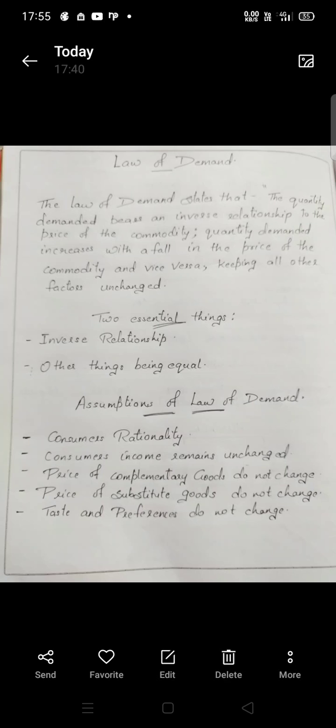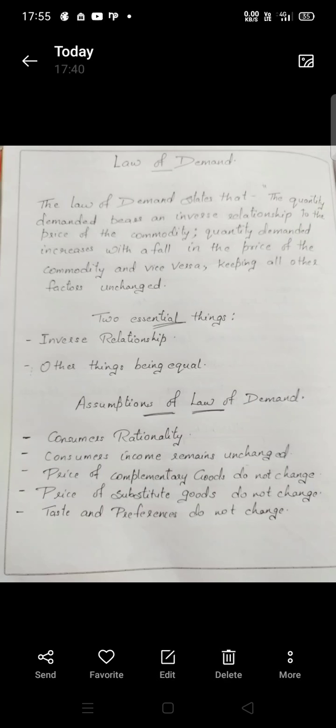If consumer income remains unchanged, (consumer income was also a factor among the determinants of demand, isn't it?) so consumer's income remains unchanged, you put unchanged with it, and it becomes an assumption. Then consumer's rationality, price of complementary goods do not change, that is also an assumption. Price of substitute goods do not change, taste and preferences do not change.